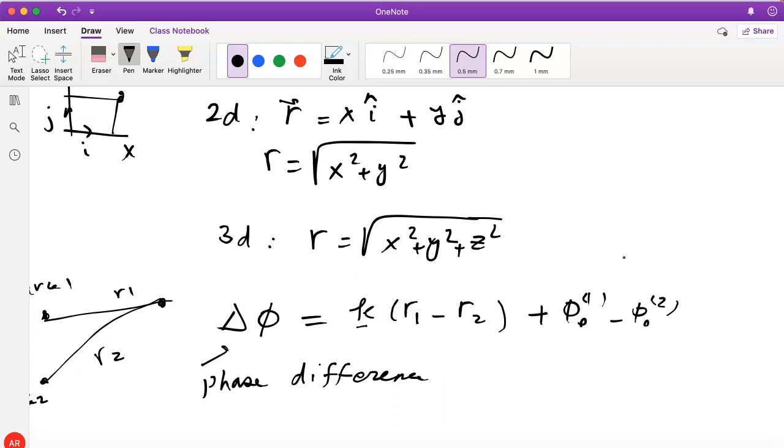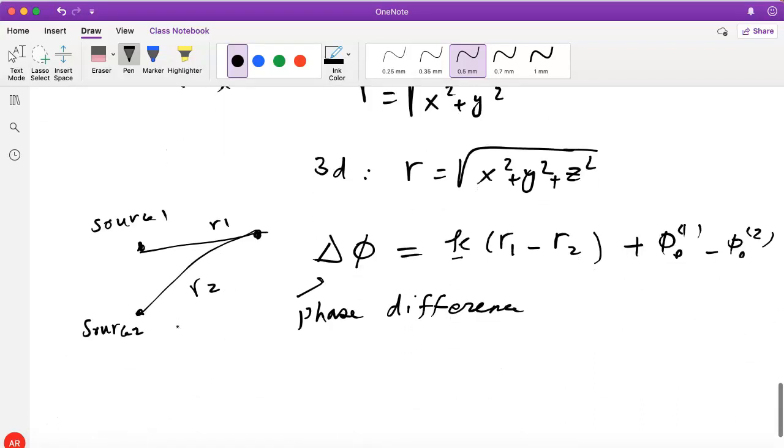But again, the only thing that matters is the length of the line connecting the source to the point where we're interested in finding the phase. So to get more intuition, let's look at a simulation to see what happens.